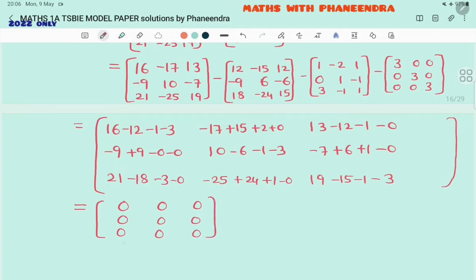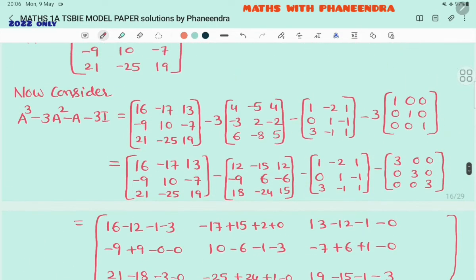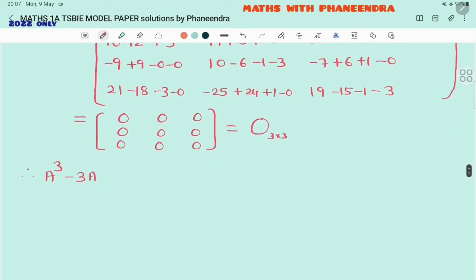So all are 0. So 0 matrix. Therefore we conclude that a cube minus 3a square minus a minus 3i is equal to 0.